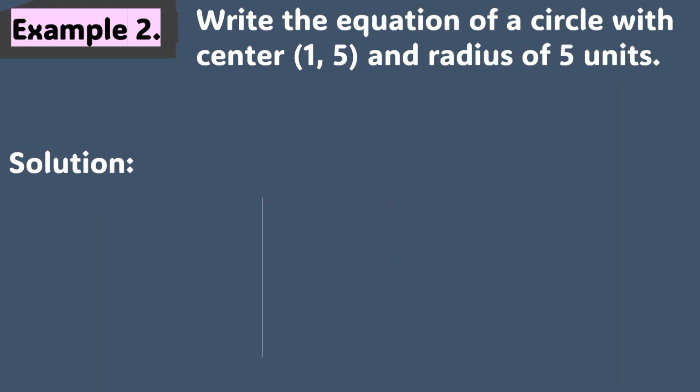Number 2. Write the equation of a circle with center at (1, 5) and radius of 5 units. r is 5 units and the center is at (1, 5).